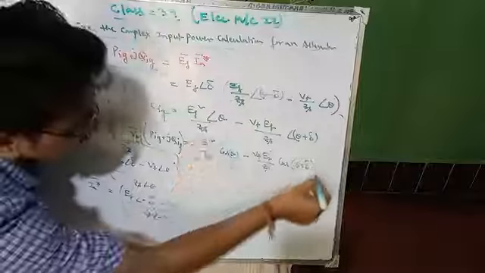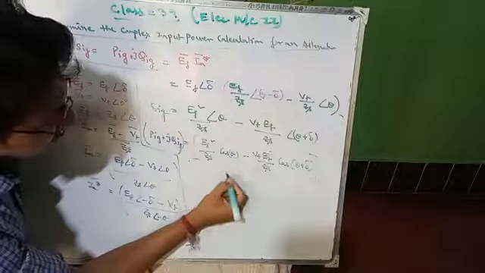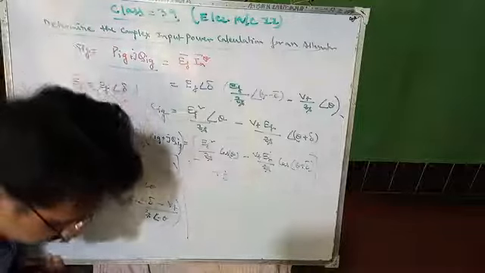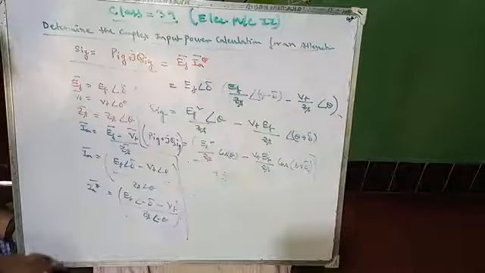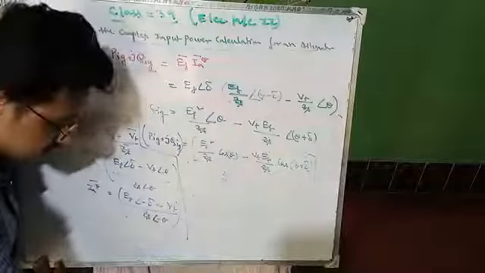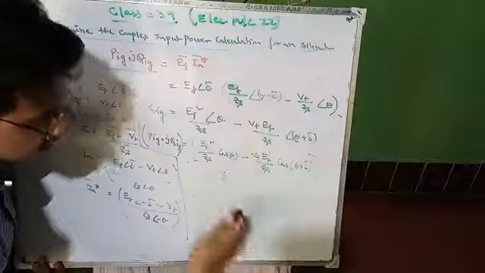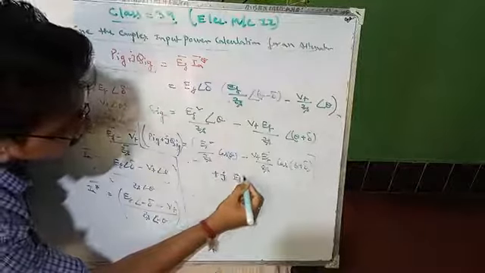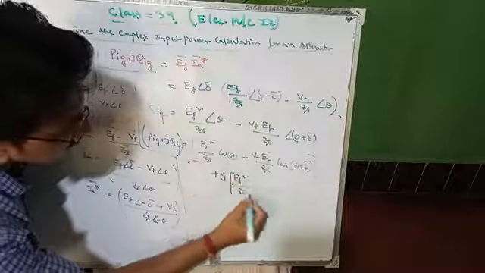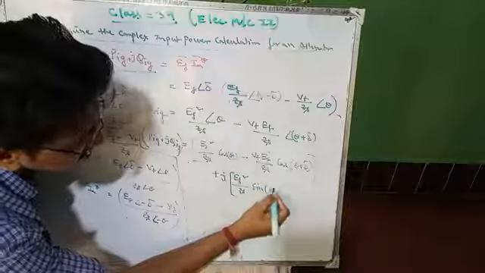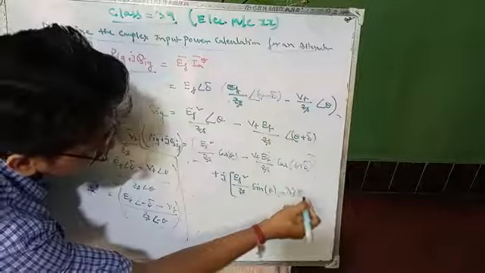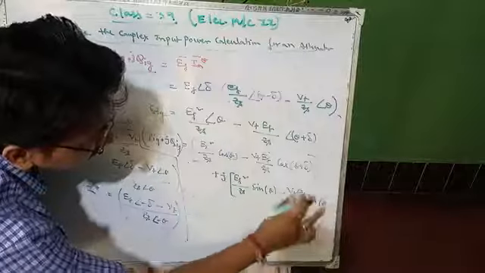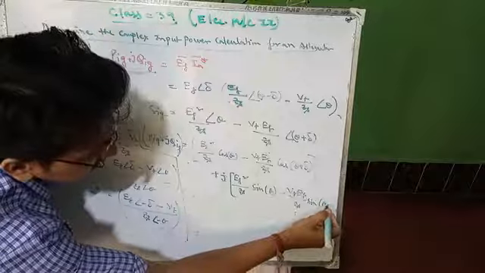This is the cos part, and plus j EF square by ZS sin theta minus VT into EF by ZS sin of theta plus del.